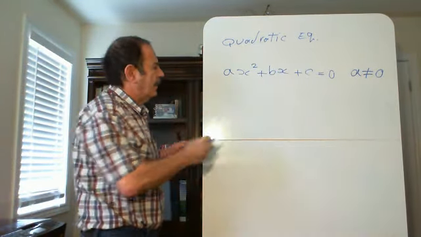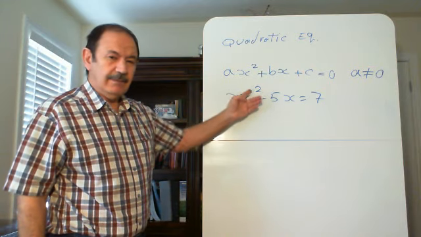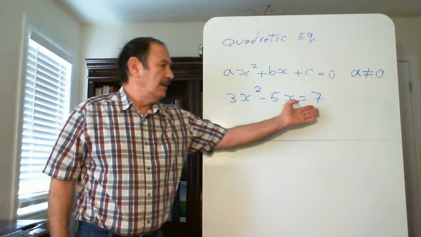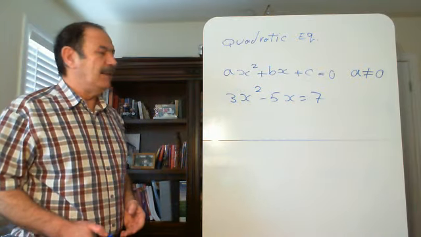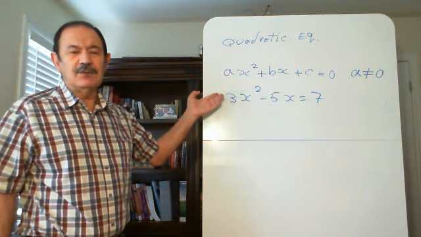Okay. Is this one a quadratic equation? Yes, because we have x squared, which is the important part. This one is a very simple example that we can recognize in the same format that is quadratic.